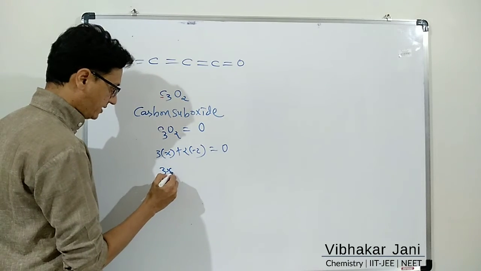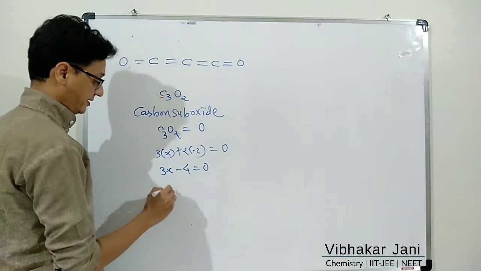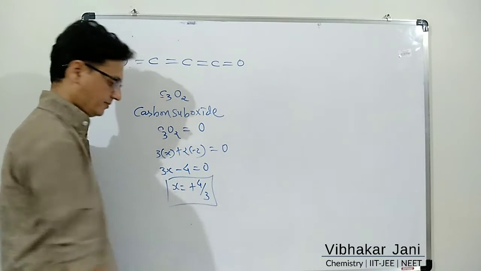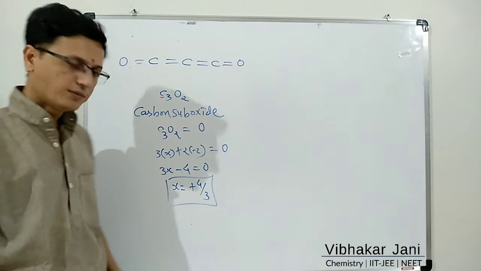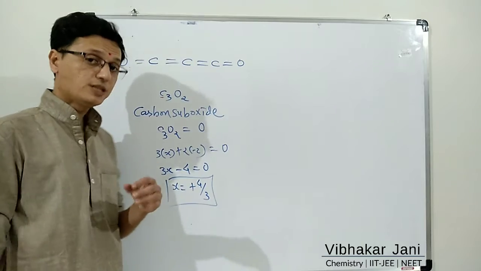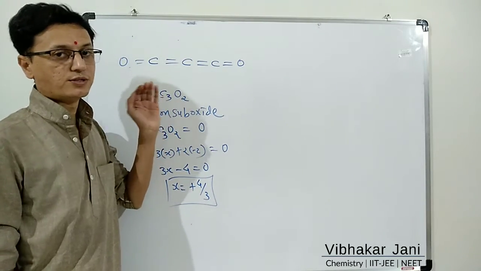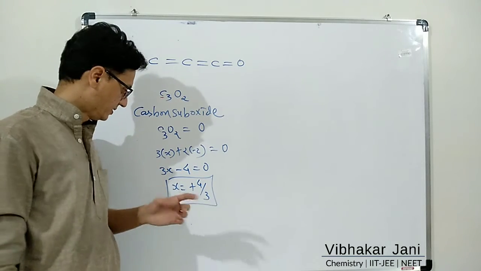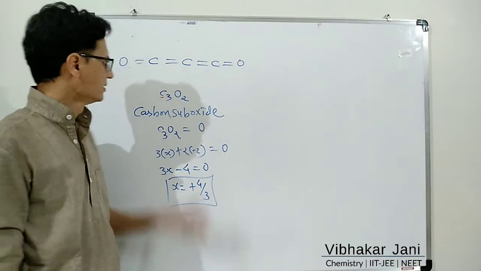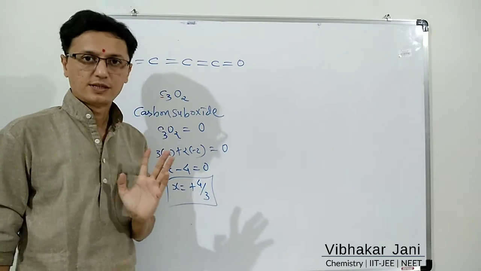That means 3x minus 4 is equal to 0. That means x is equal to plus 4 by 3. So it is a fractional number. So the average oxidation state of carbon in carbon suboxide is plus 4 by 3. This is an average, that means all carbons do not have the same oxidation state. They are in different oxidation states.